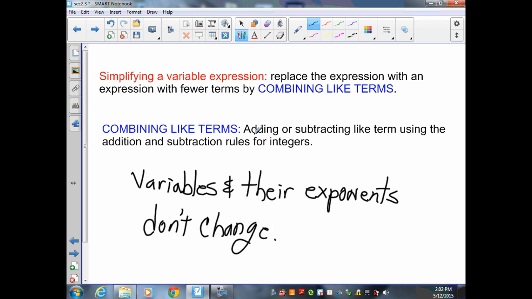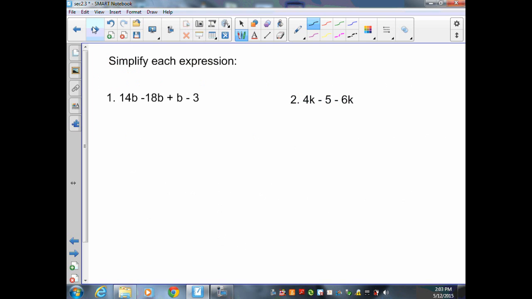The only thing that changes are the coefficients, which is going to be determined by the rules for adding and subtracting integers. So let's look at some examples. We want to simplify each expression.